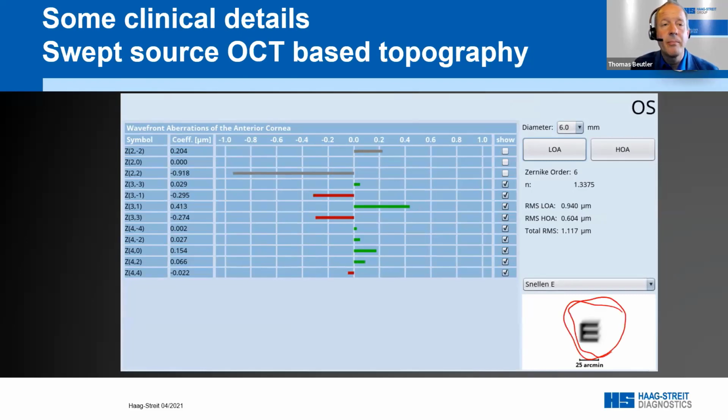And this is because of the non-perfect astigmatism. We see here that we have some coma, so some asymmetry, which is on display in Zernike polynomials.